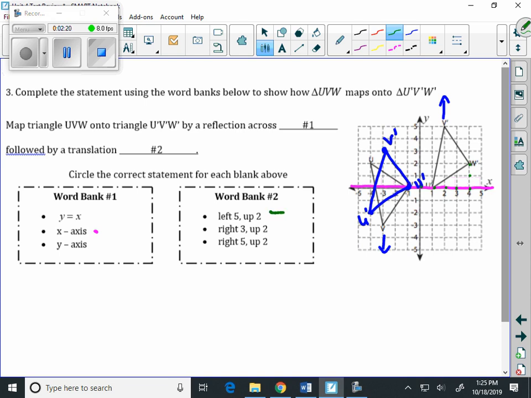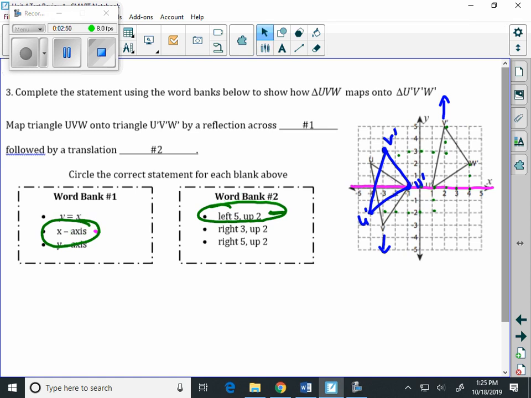So I'm thinking that it's this one here, but let's try V. 1, 2, 3, 4, 5 spaces left, up 2. And that should work for the U. 1, 2, 3, 4, 5, up 2. So it's going to be a reflection across the x-axis, and then we're going to go left 5 and up 2.